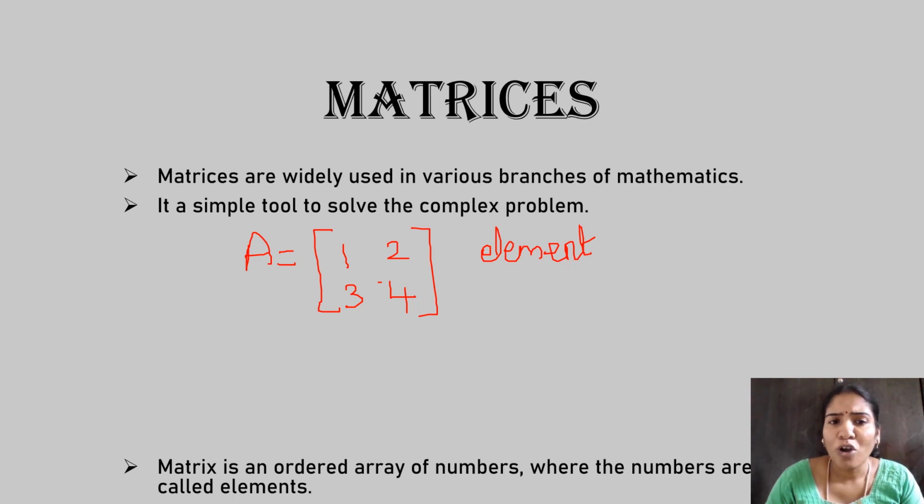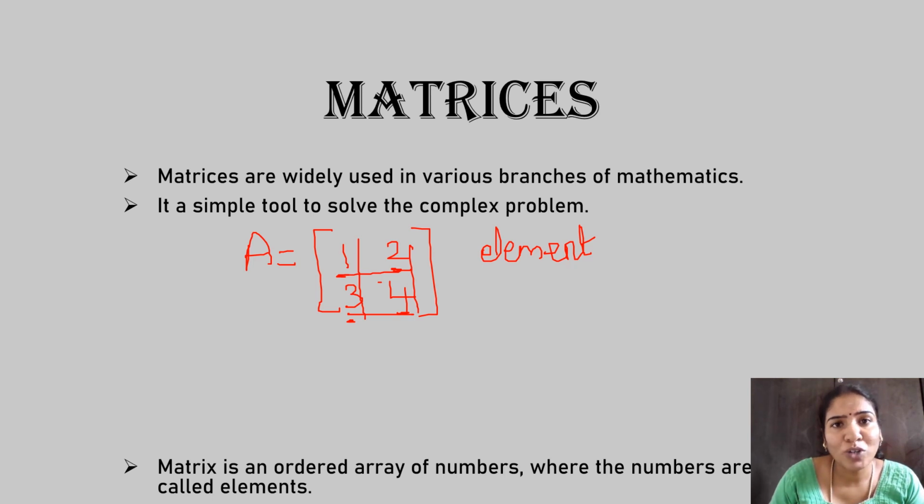Now for each element we are going to name the place, like in the number system we have ones place, tens place, right? Like that, here in matrices also we denote the place for each element. So how to denote the place for each element? See, a matrix is represented in rows and columns. In this matrix we have two rows and two columns, right?